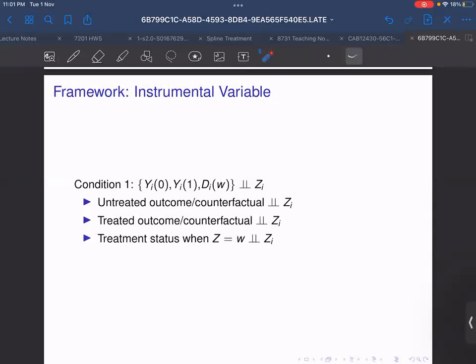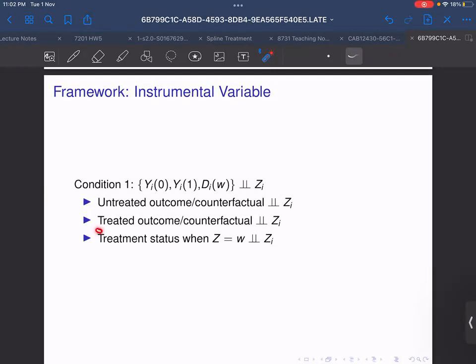If I get 3, my lifetime earning of not joining the army, since we're talking about untreated here, will be the same as if I get draft number 10, right? So it's independent. My potential lifetime income when I don't join the army does not depend on that random draft number that the government has assigned to me. I think that's a pretty fair assumption.